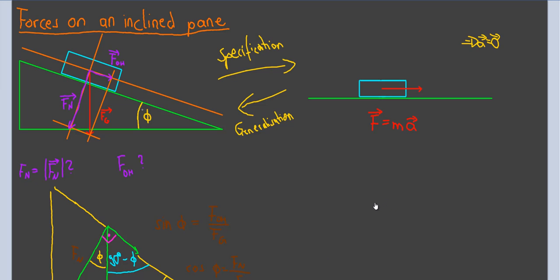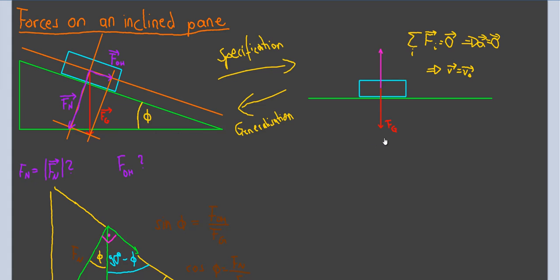Now on the inclined plane, we learned that we have to divide our force into two parts, the part parallel and the part orthogonal, because we only know how forces interact when they're parallel or orthogonal to some plane.